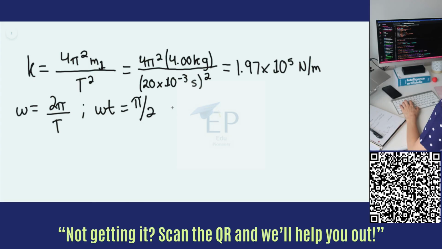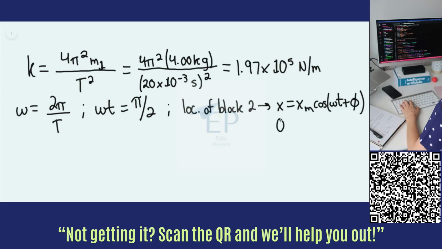And the location then of block 2, we can say, would be x. This is going to be equal to the maximum displacement times cosine of omega t plus the phase constant phi. We know that phi here in this case is equal to pi over 2.